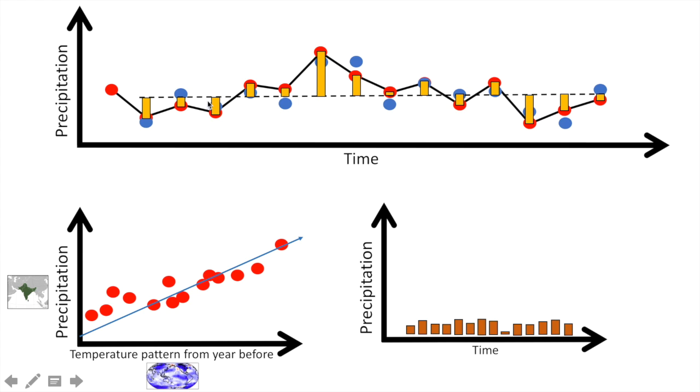So the errors, if you were to do that, look like these yellow bars. So again, for this year, we're going to guess the mean as the next year's value, and so then the error is quantified by the difference between the mean and next year's value.